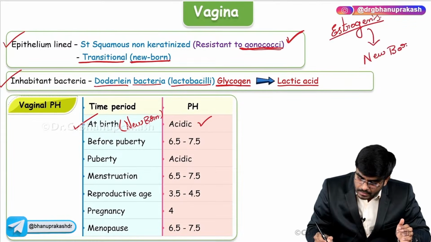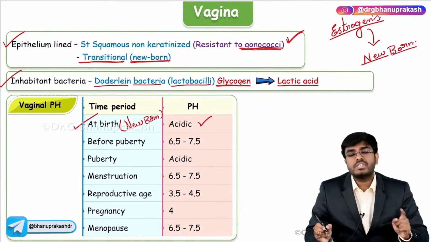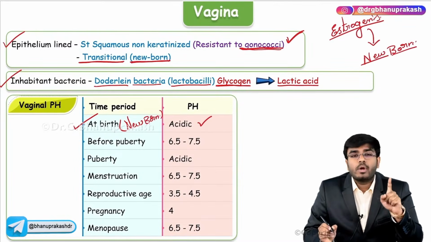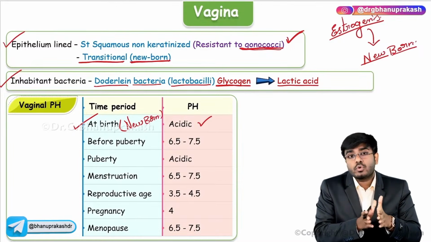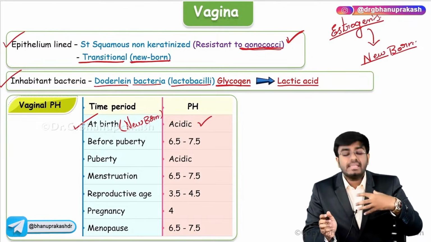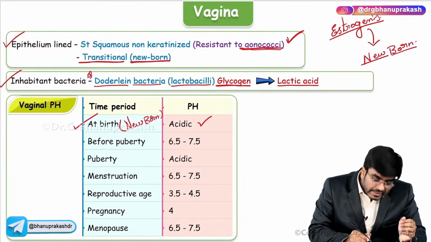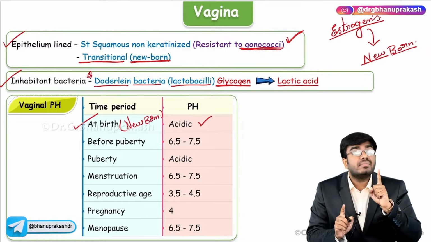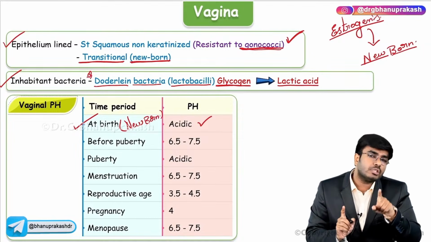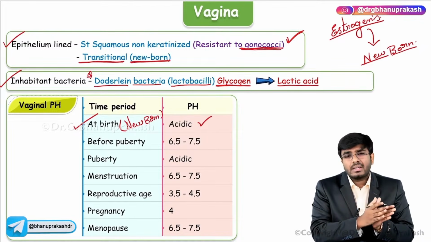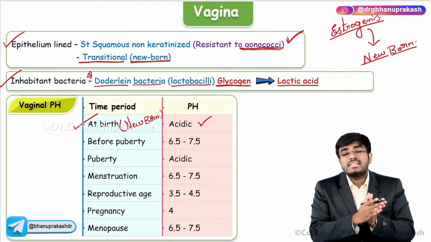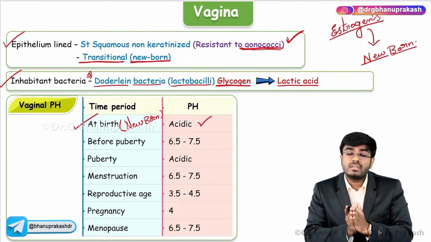Now, this is a very important point which I haven't discussed with you so far. To maintain this Doderlein's bacteria, to maintain the vaginal flora, it is very, very important to have the estrogens.